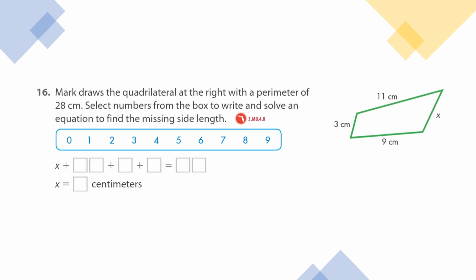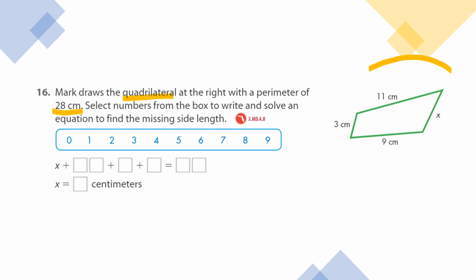All right, so our last problem here is that FSA style question. Even though we're not taking FSA this year, you are going to be experiencing these kinds of questions. All right, it says Mark draws a quadrilateral. And so again, there's our vocabulary word embedded into our word problem, with a perimeter of 28.